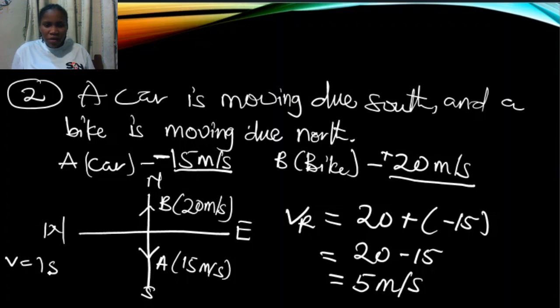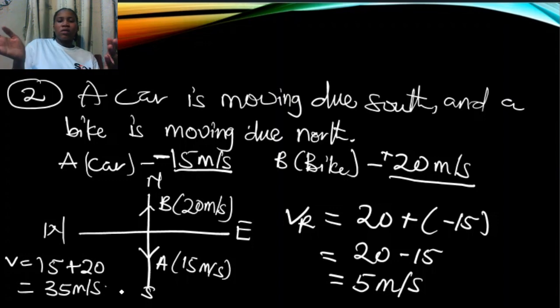That will be 15 plus 20, which is equal to 35 meters per second. And this is how we solve addition of vectors, specifically parallel vectors. This is how we solve them.